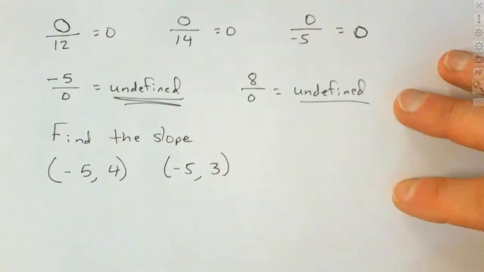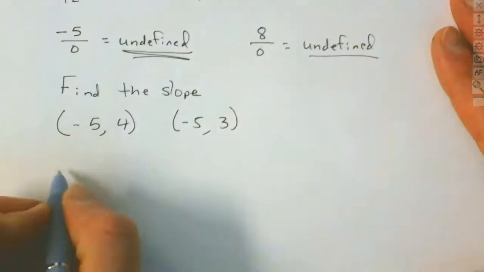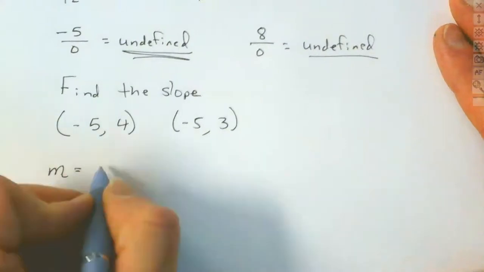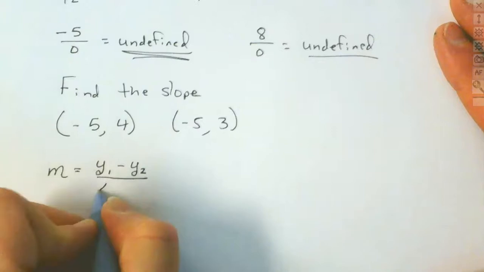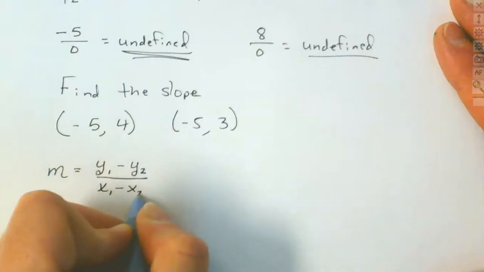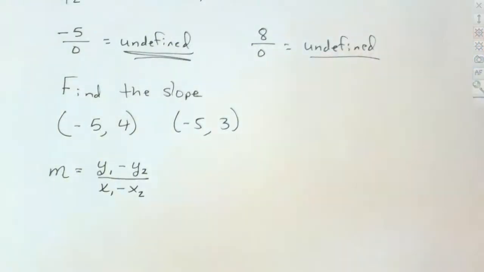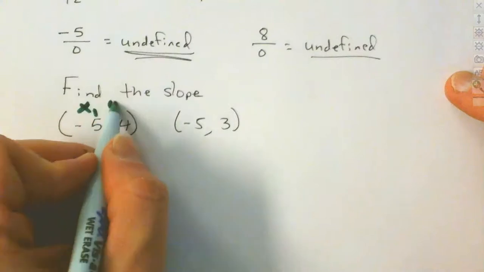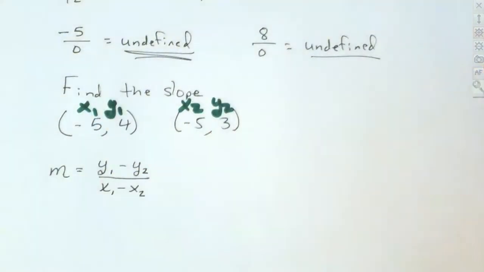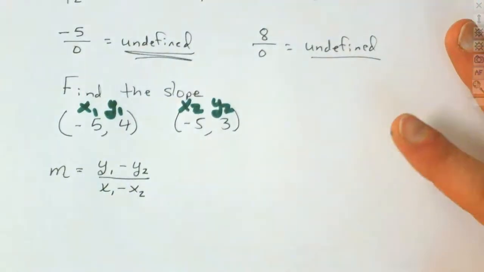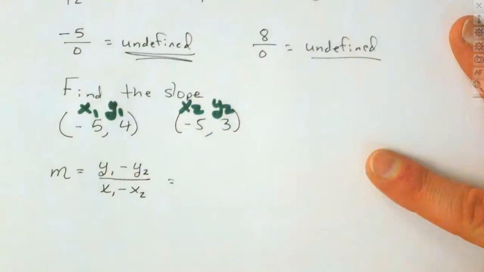We're going to find the slope. Now, what's our formula? I always like to write it up. M equals y1 minus y2 over x1 minus x2. Go back, label those ordered pairs. And we're going to label this as x1, y1, x2, y2. So we're going to plug our values in, and we're going to see what we get.